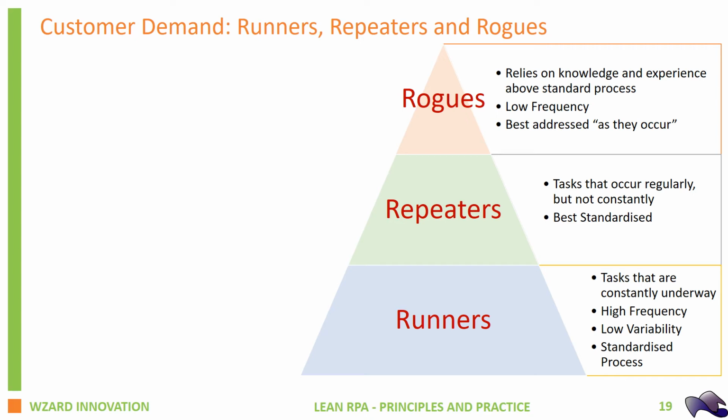Repeater tasks then occur less frequently. Now imagine these could be your month-end processes, your end-of-year processes, tax year end, for example, or they could be seasonal variations that you see. This is a challenge for lean organizations, especially where leveling is important, trying to smooth out processes so you have a consistent standard need over time.